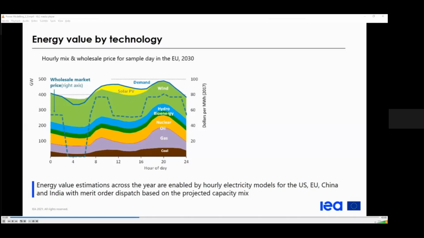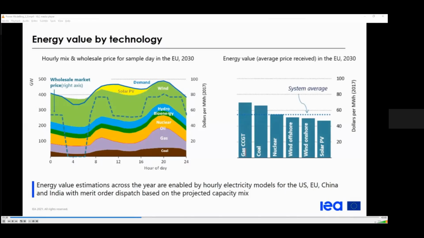We can then average it over the year. It can be thought of as if it was the revenues from selling 1 megawatt hour of electricity in that given year. And that's what we call the energy value.